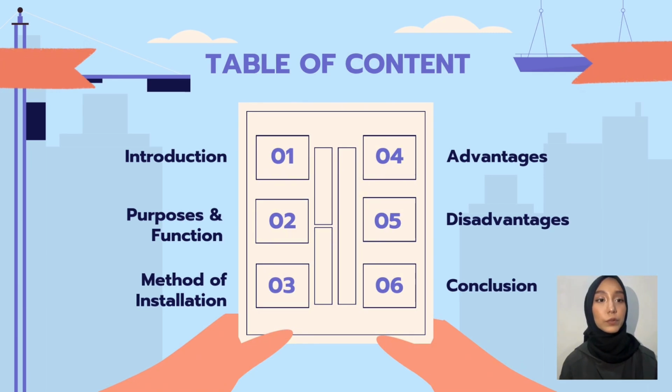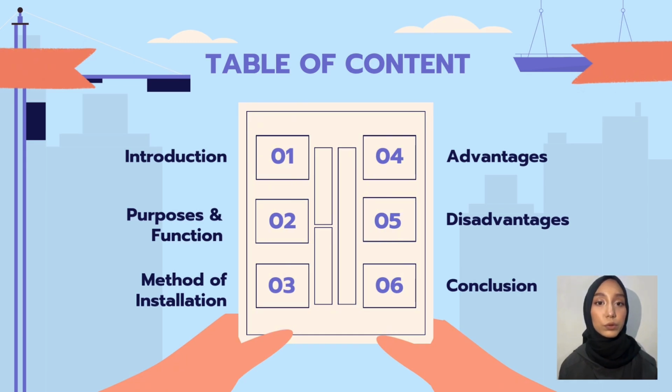Before we begin our presentation, here is the table of content that outlines what we will cover. First, we will start with an introduction to aluminium coating as a protection method for steel structures. Next, we will explain its purpose and function, why aluminium is used and what benefit it brings to structural integrity.